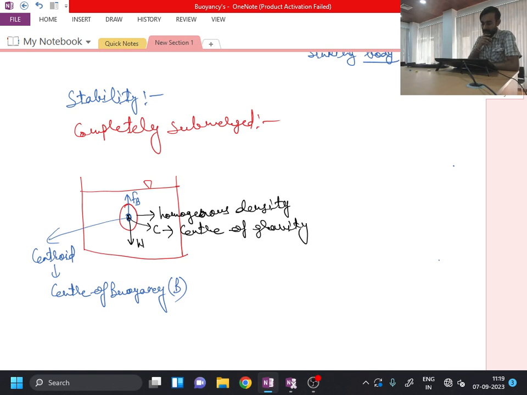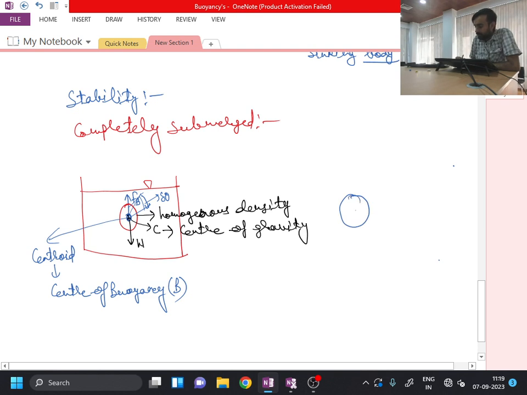Now for this type of body, if I give any angular displacement, say if I displace this body through angle delta theta, then after the rotation, if the body is of symmetric shape, its centroid will not change.